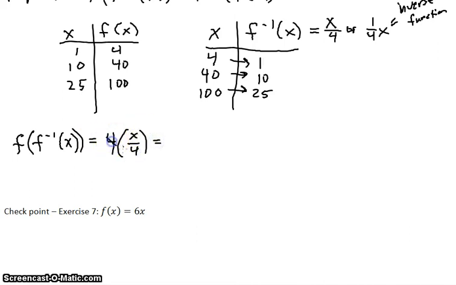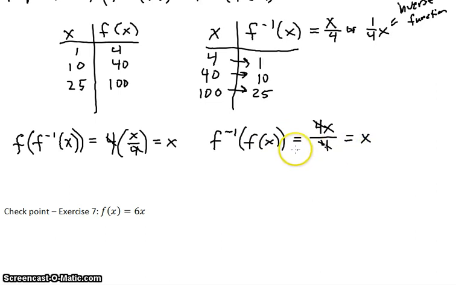And if you cancel the 4's out, you're left with x. If I do the exact same thing with the inverse and compose that with the original function, the outside function is x over 4, and I'm going to replace x with 4x. And again, the 4's cancel out, you're left with x.